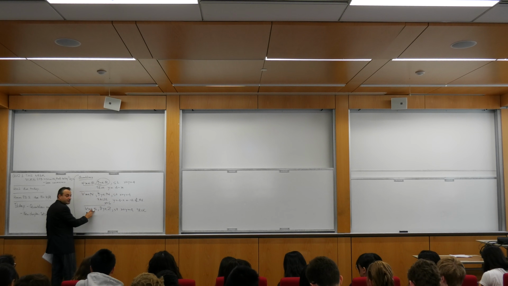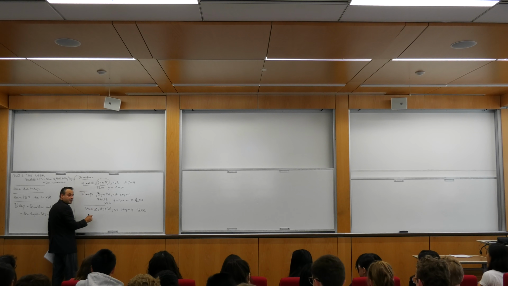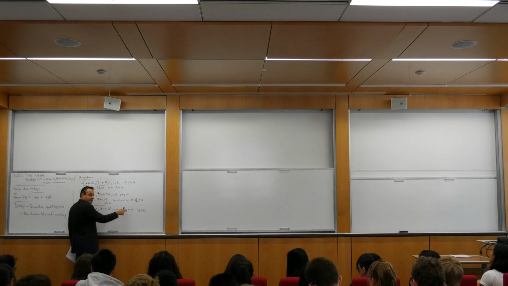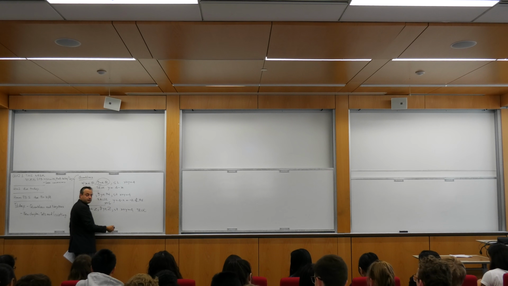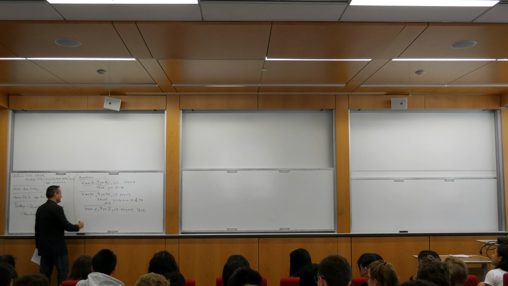How about if I change this N for Z? For any integer, if I do y equal 4 minus x, I get an integer. True or false? 4 minus an integer is always an integer? Yes. All right.